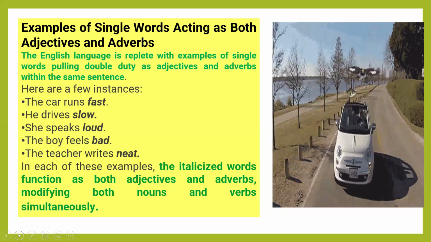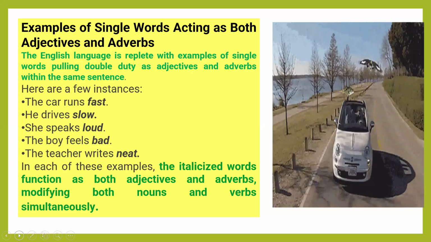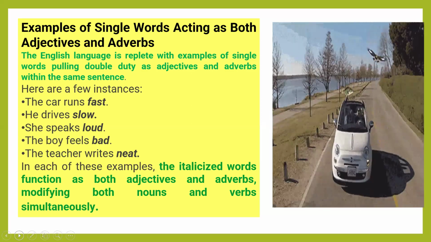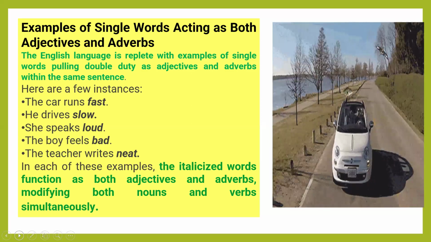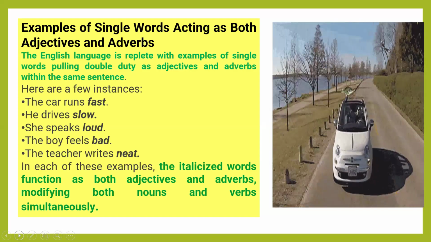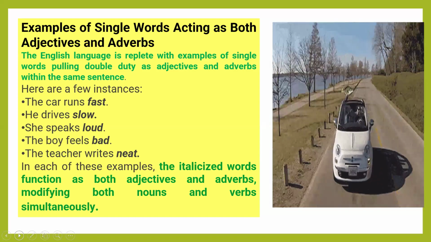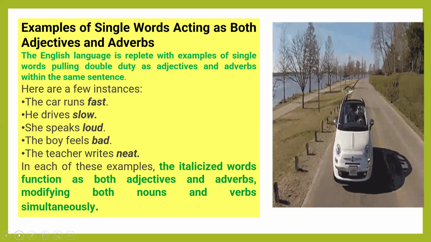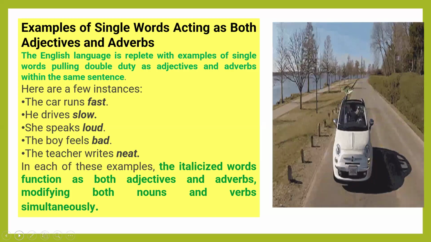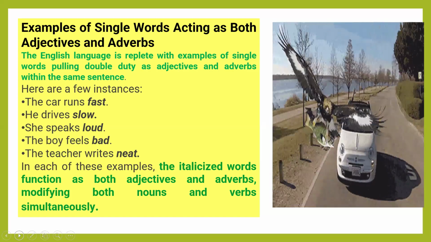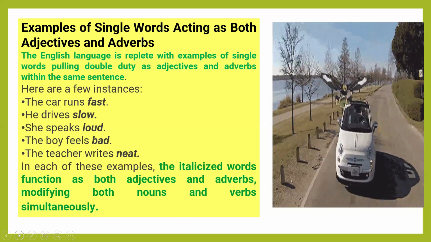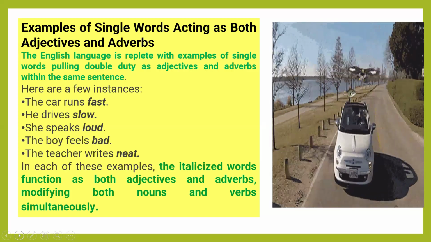Slow modifies drives. Loud modifies speaks. Bad modifies the verb, and the noun boy also. The teacher writes neat. Neat is an adverb modifying the verb, and modifying the noun teacher also.